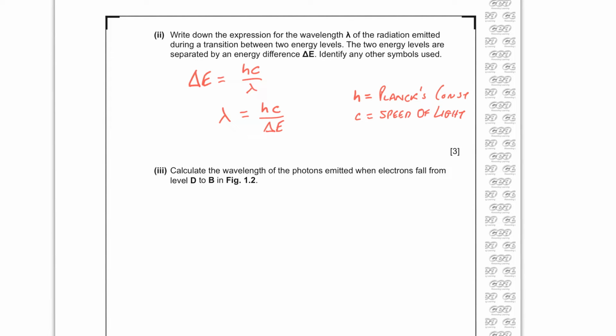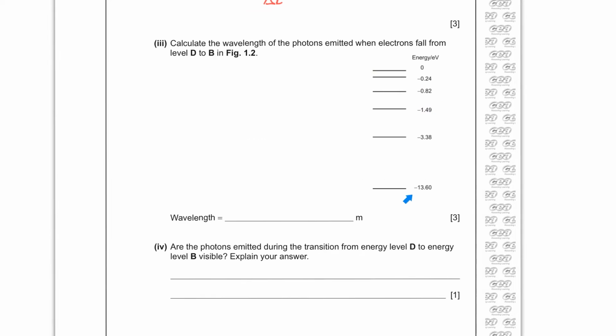Part 3. Calculate the wavelength of the photons emitted when electrons fall from level D to B in figure 1.2. So let's have a look at that energy level diagram then. So these are the energy levels from that diagram, A, B, C, D. Let's just put some labels on it.